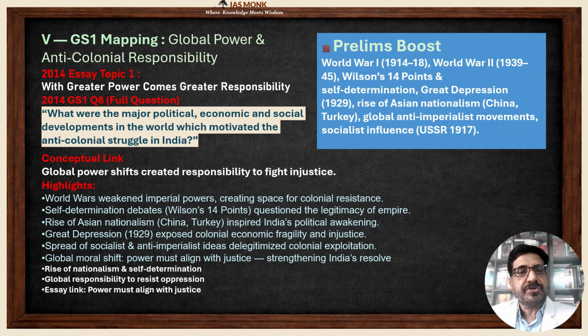The GS1 question here reflects the essay's core insight: when global power realigns responsibly and responsibility demands resistance to injustice, India's freedom movement became part of this wider ethical transformation.